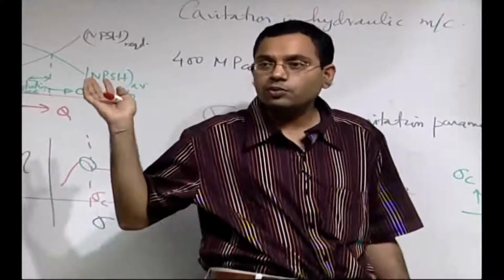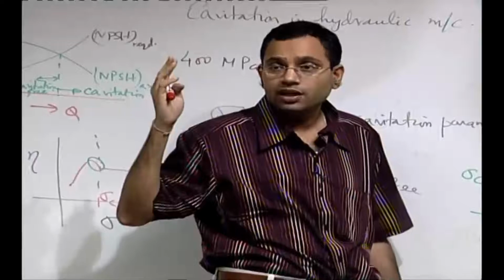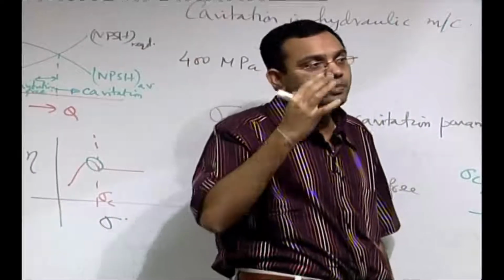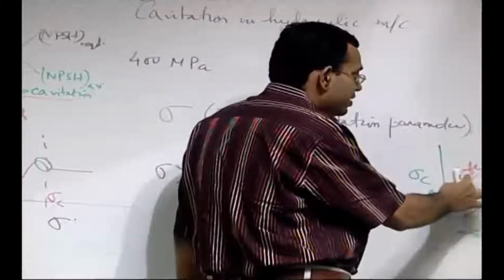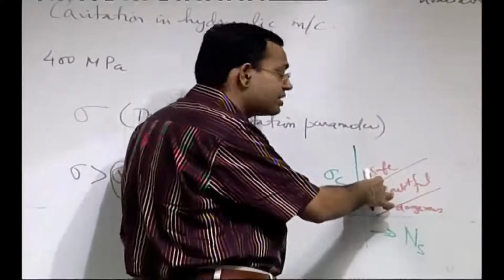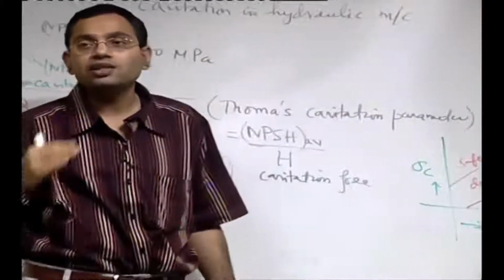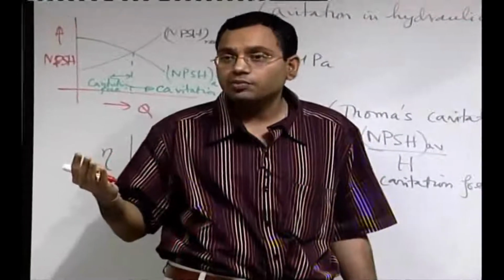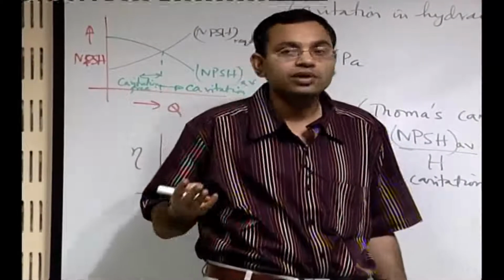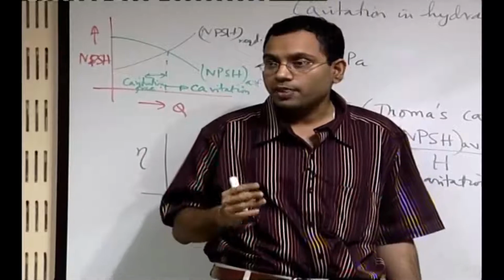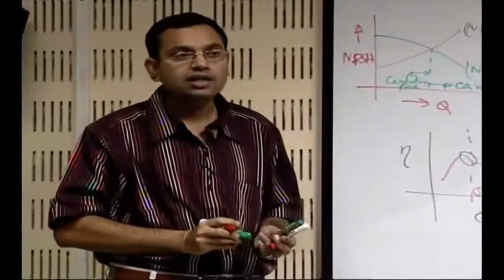We have not talked about a pump with a specific speed of 1000, 2000, 10,000, because such a specific speed might have a very high discharge, which in some way is good, but with a higher specific speed you will have a higher value of sigma c to be in the safe region, and there will be less chance of sigma becoming greater than sigma c, and that will be a more cavitation prone situation. So these are some of the practical considerations that go behind the design of a pump.